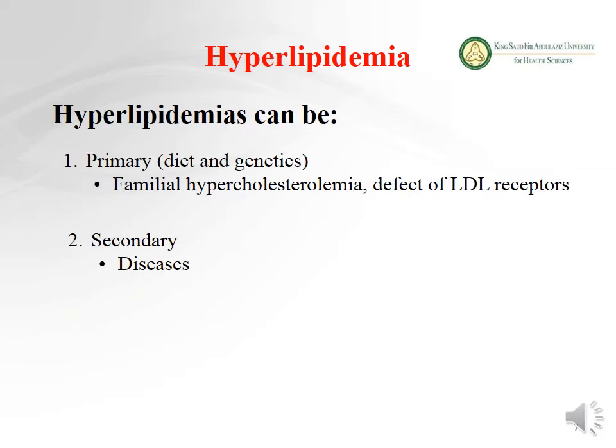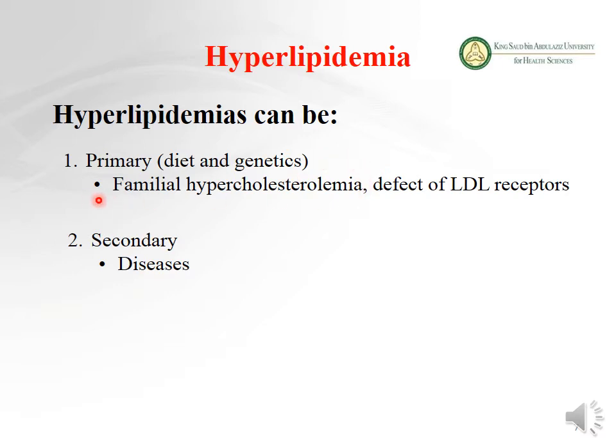Now, hyperlipidemia can be of two types, like hypertension. It can be primary or secondary. Secondary is related to a disease that can lead to the development of hyperlipidemia. But primary has a genetic predisposition, and it cannot be cured, but we can manage it.